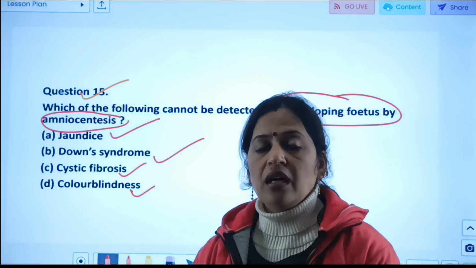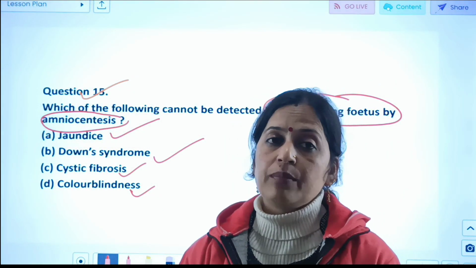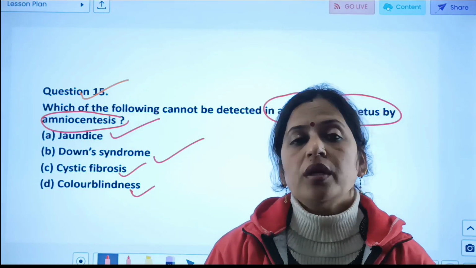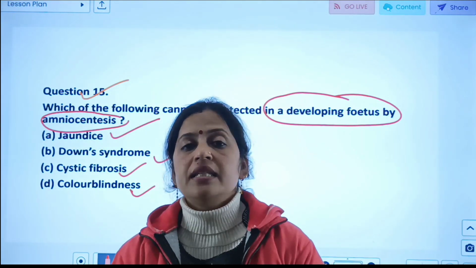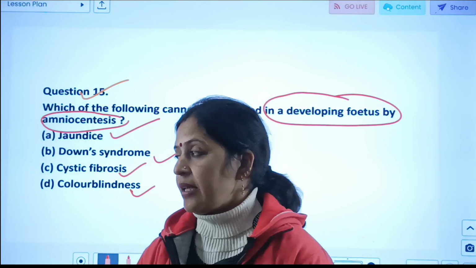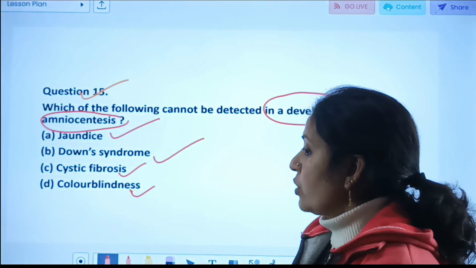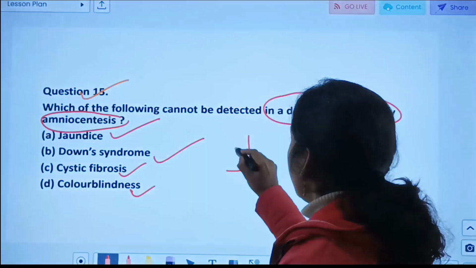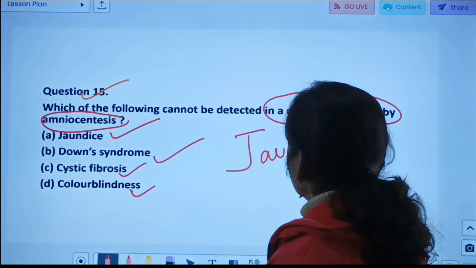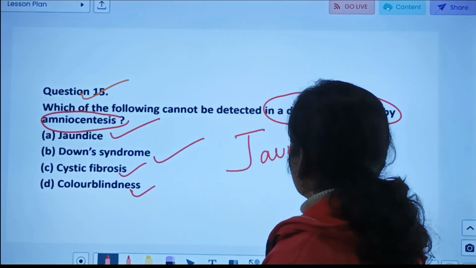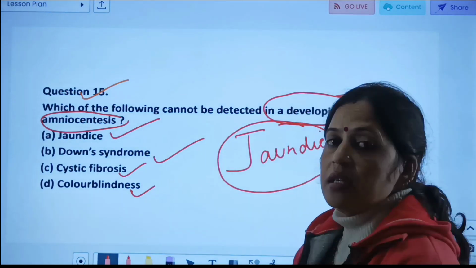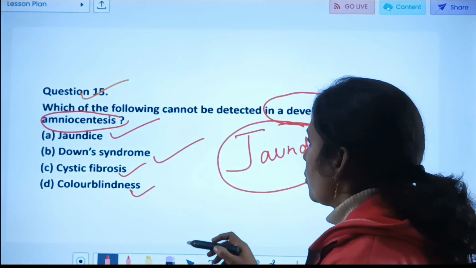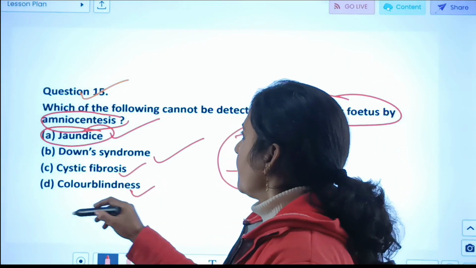So out of these, which cannot be detected with the help of amniocentesis? आपके पास चार ऑप्शंस दी गई हैं, तो इनमें से कोई एक ऐसी ऑप्शन है जिसको हम डिटेक्ट नहीं कर सकते हैं. वो आपकी ऑप्शन है jaundice. Jaundice cannot be detected with the help of amniocentesis. So here this is the right answer.